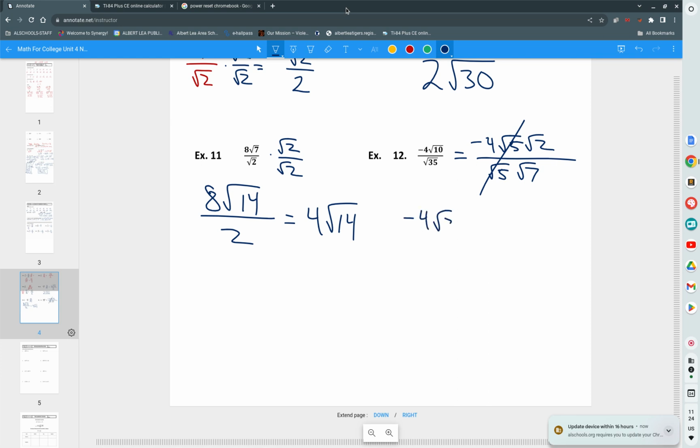Negative 4 roots of 2 over root of 7. Can I leave that as my answer? No. What do I do? Multiply top and bottom by the root of 7. And I get negative 4 roots of 14 over 7. And that's it. Great.